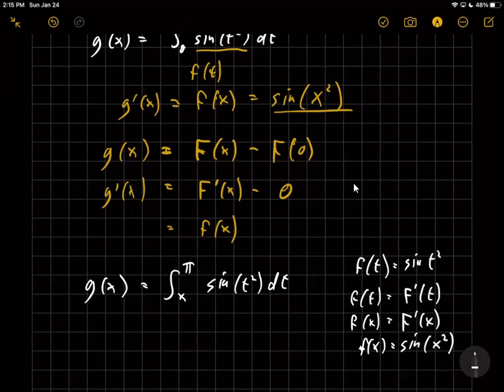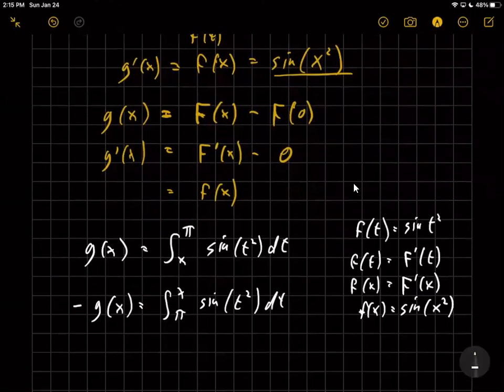So what happens here? Well, we have the limits upside down. So we would like x to be on the top. A really good way of handling this is to take the negative of g of x, which is the integral from pi to x of the sine of t squared dt. And then this just becomes like the last problem.